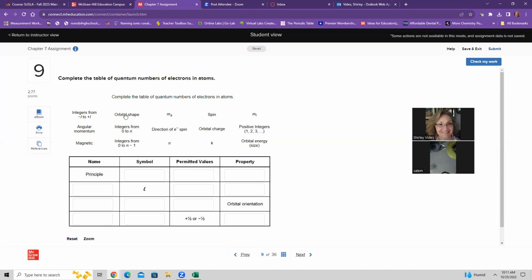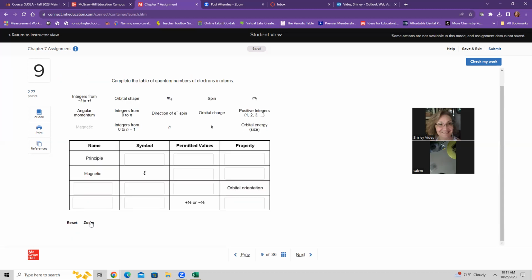The property is the orbital shape. That determines whether you're an s, p, d, or f. Okay, we have magnetic. Spin is the last one. That's this one, but that's not the magnetic. I think that's the other one that I can never remember.